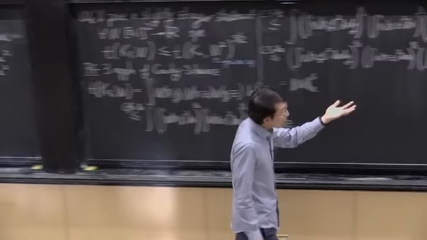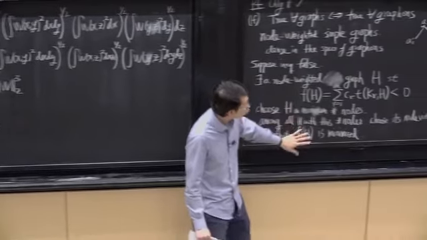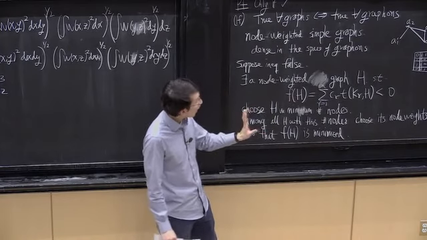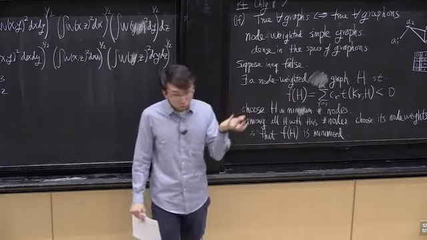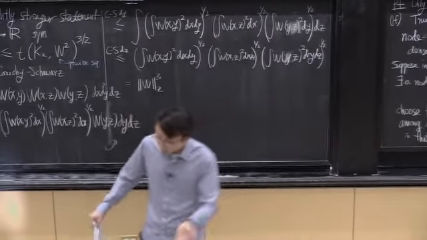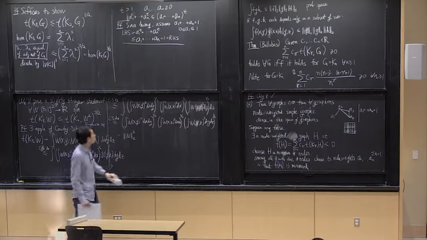So the name of the game now is we have this H, which is minimizing, and I want to show that H has certain properties. If it doesn't have these properties, I can decrease those values.